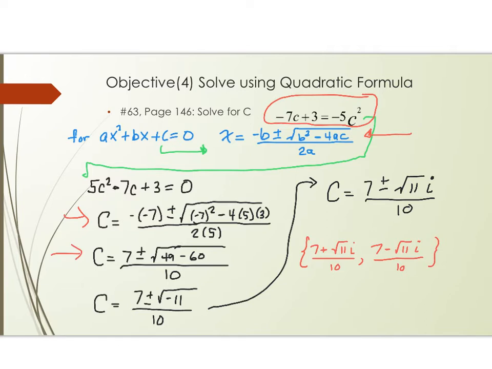That gives us 7 plus or minus the square root of 49 minus 60, divided by 10. c now is 7 plus or minus the square root of negative 11 divided by 10. So now I have c is 7 plus or minus the square root of 11 i, divided by 10. And so here is my solution set.